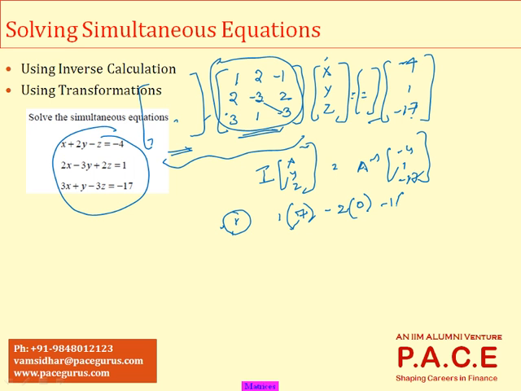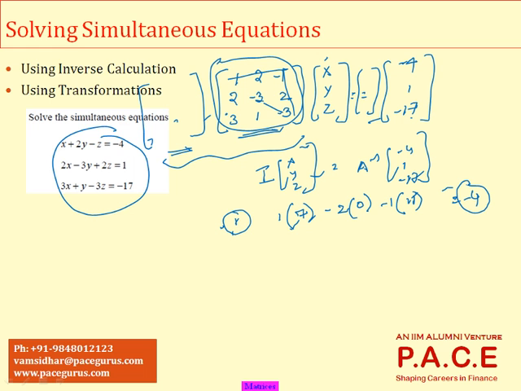Minus 1, I am not changing the sign for the third one. Remove the row and column, first row, first column: 2 minus of minus 9, so 11. So 7 minus 11, the determinant is becoming minus 4. All right, that's the first.